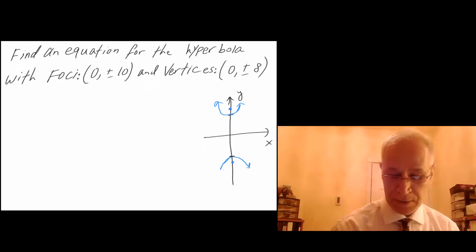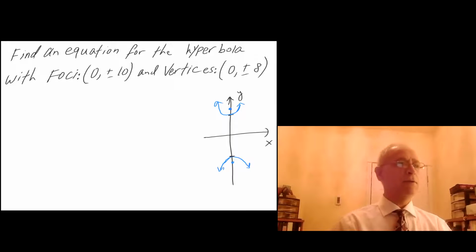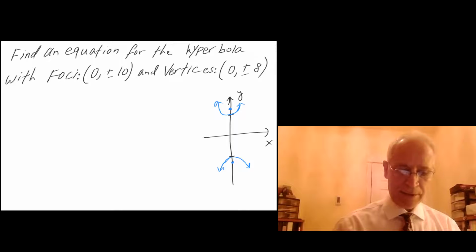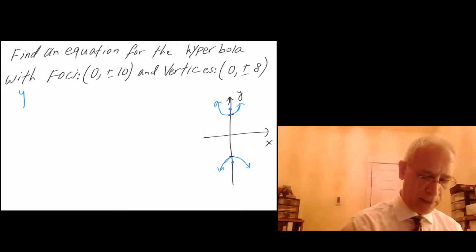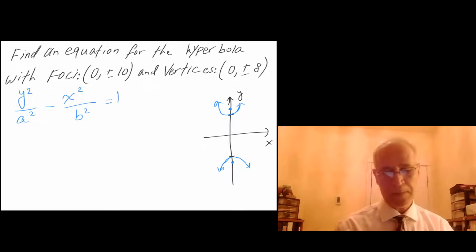The general shape is this. So the general format of this hyperbola is y squared over a squared minus x squared over b squared equals 1.